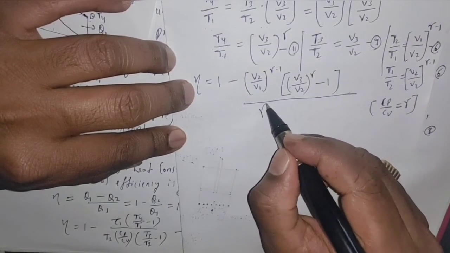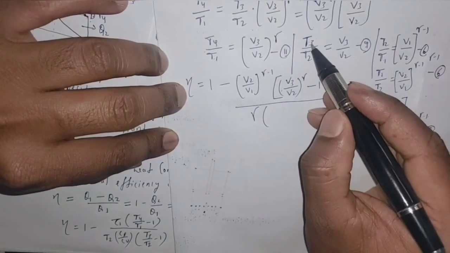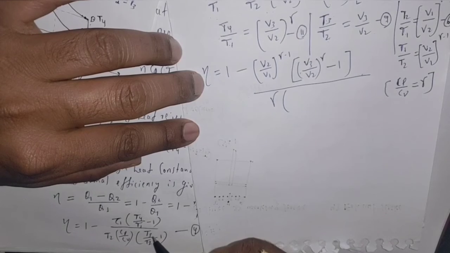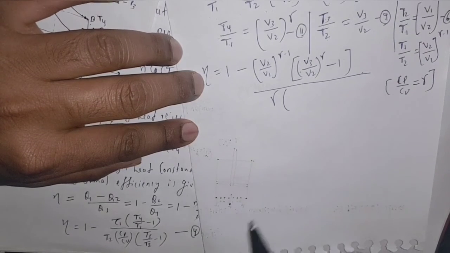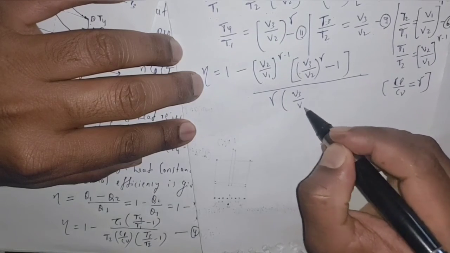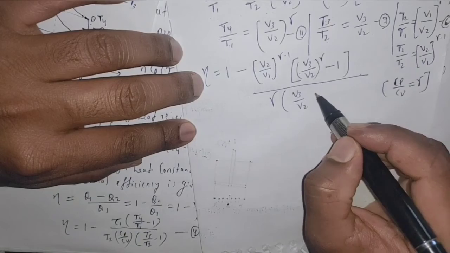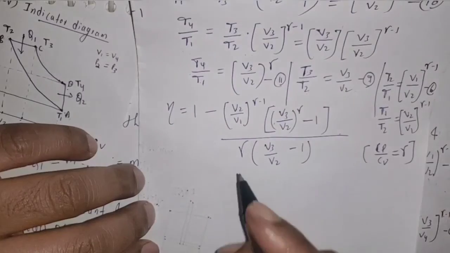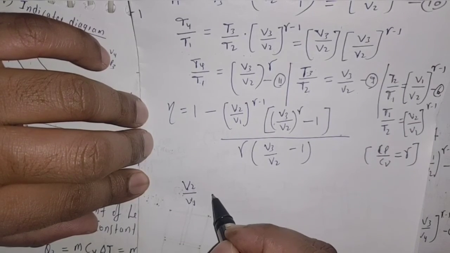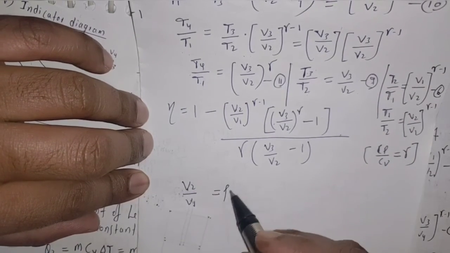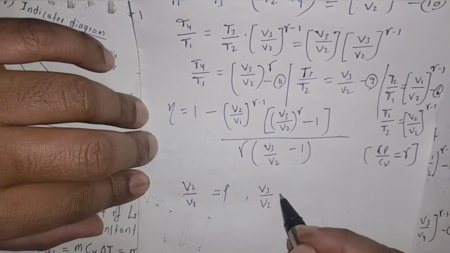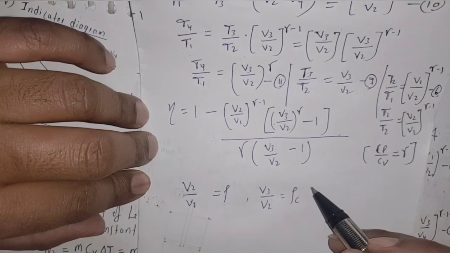Then we are going to get gamma into T3 by T2, whose value is V3 by V2. So here I am going to substitute the T3 by T2 value. Then we are going to get V3 divided by V2 minus 1, where V2 by V1 is equal to rho, that is the compression ratio, and V3 by V2 is equal to rho c, that is the cutoff ratio.